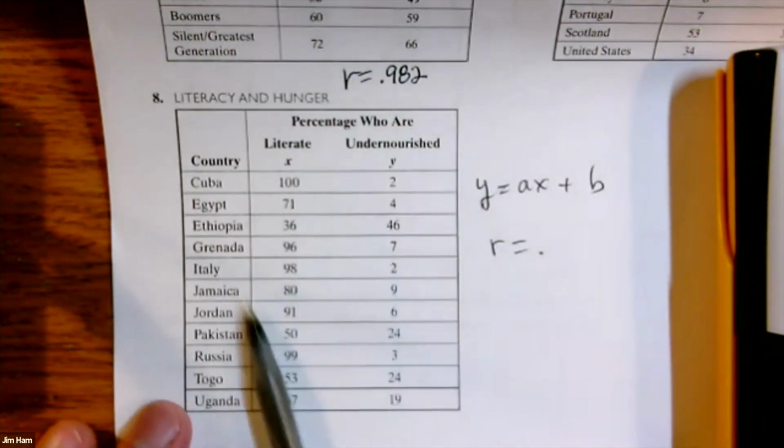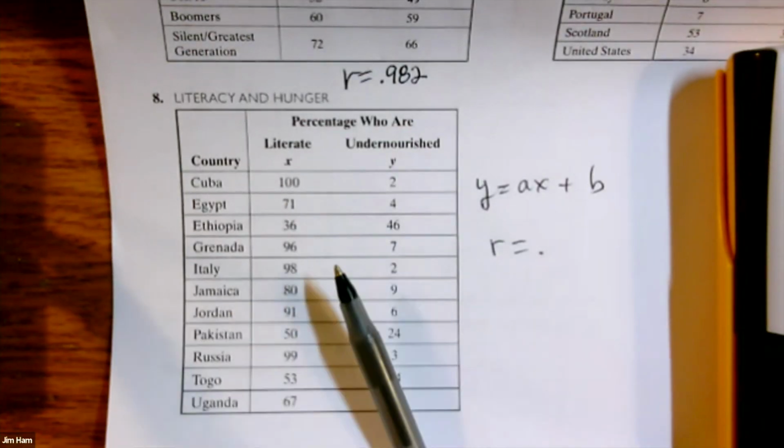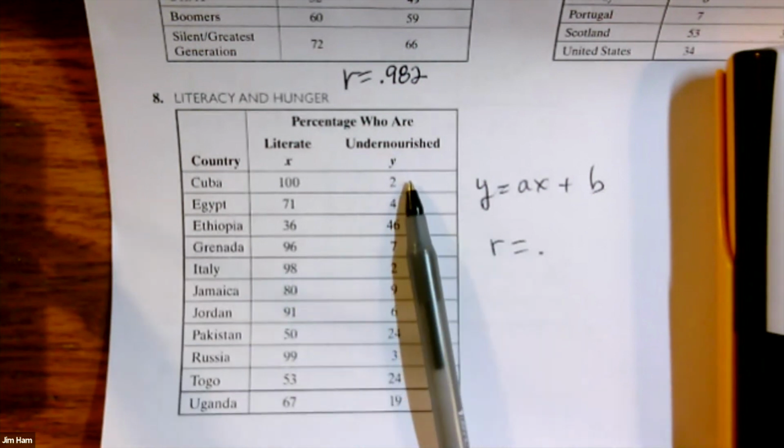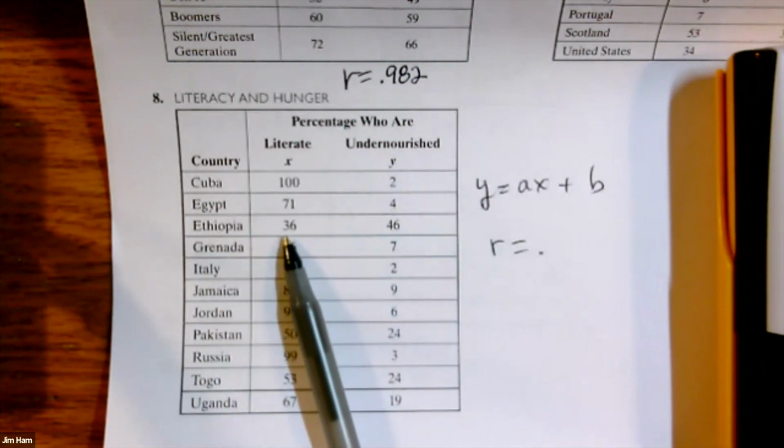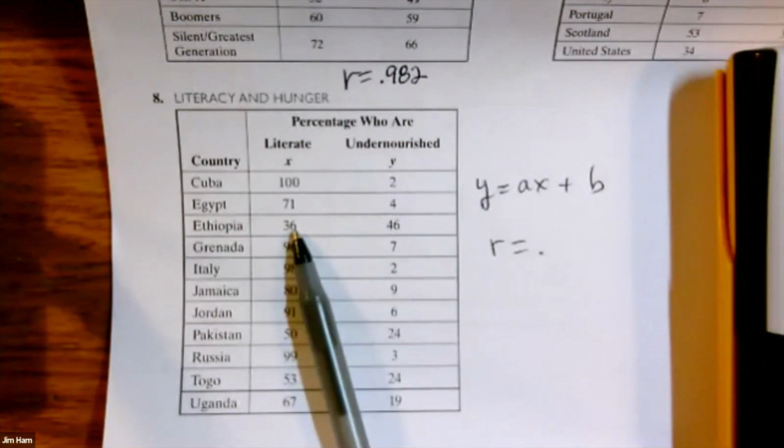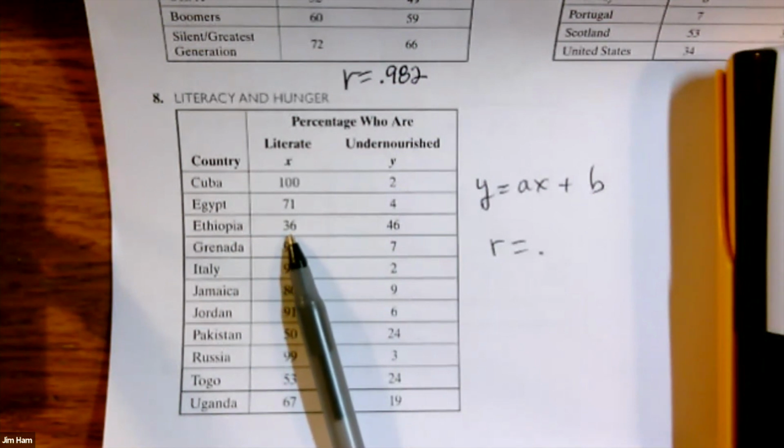All right, if you think about this, they say that if you want to bring people out of poverty, just educate the mothers. And I think this is one example of one small piece of data that can illustrate that. You can see in Ethiopia, you have a larger percentage that are illiterate because only 36% are literate, which probably means that they don't allow girls and young women to go to school.